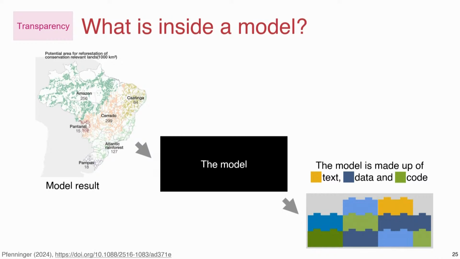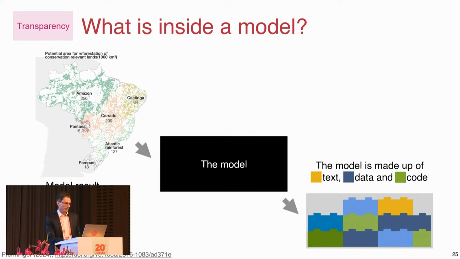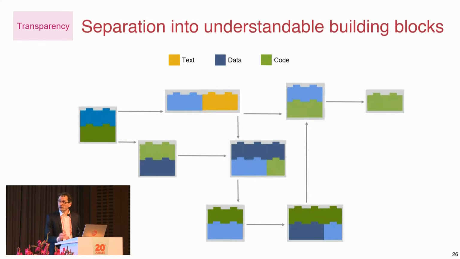But in a study like this, it's probably a rather large and complicated model that might be quite difficult to understand. So perhaps a model that might be openly available, but not necessarily very transparent. So could we perhaps break this model down into smaller pieces that become in themselves more understandable again? Well, let's try to do that.